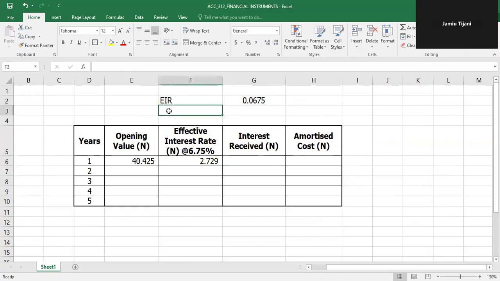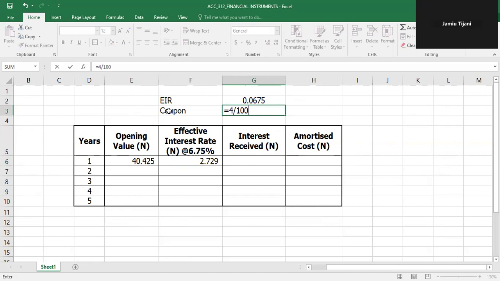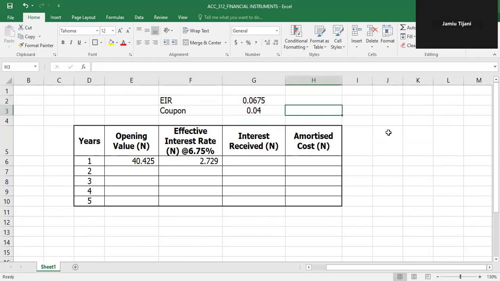And the moment you are paid, we have our coupon. What's our coupon, class? Our coupon is 4%, that is 4 divided by 100. We apply it on the nominal value of the bond.